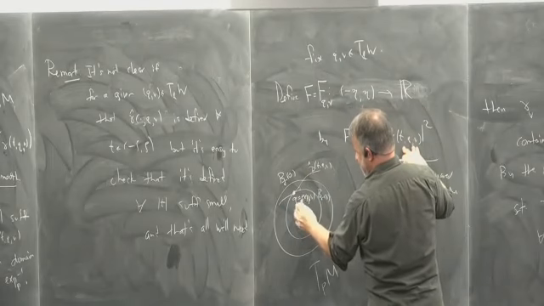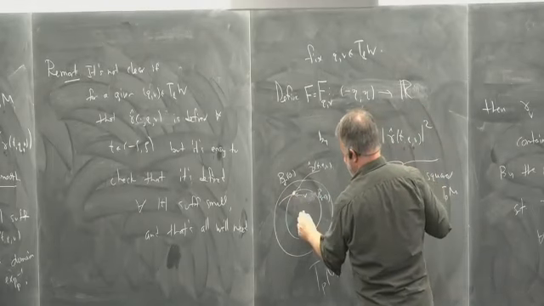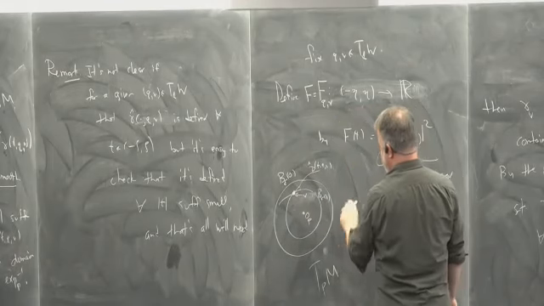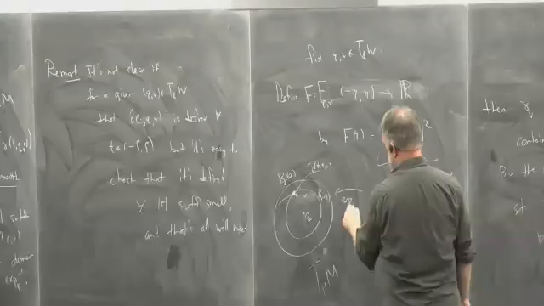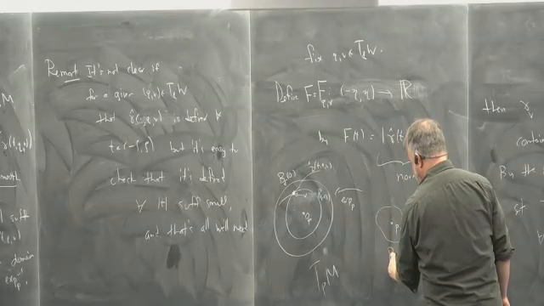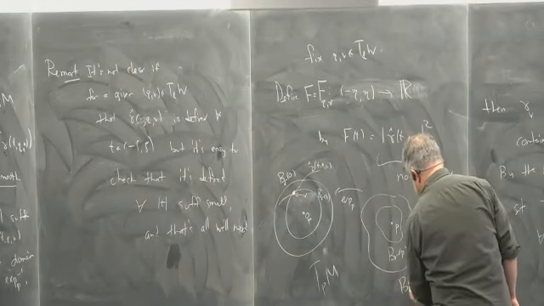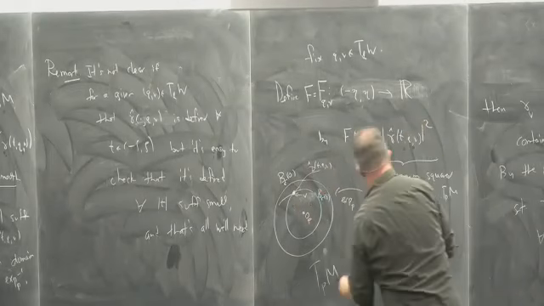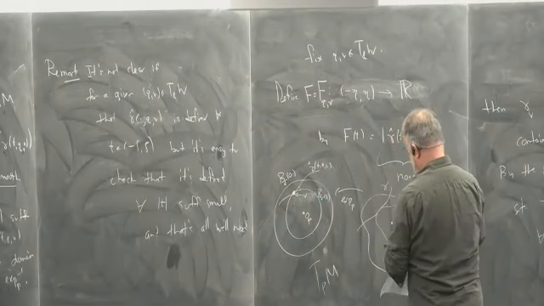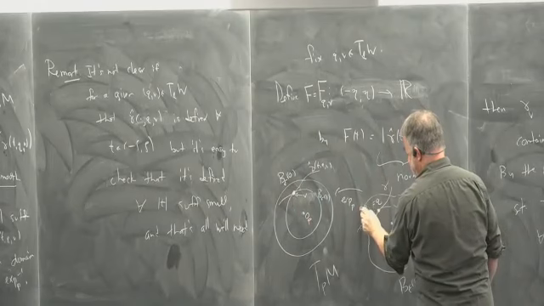This is V, and this is the 0 vector inside T_P M. This corresponds under the exponential map to having P here, and then B_R of P, and then B_epsilon of P, and gamma coming in at Q tangent, where Q is exp_P of V.